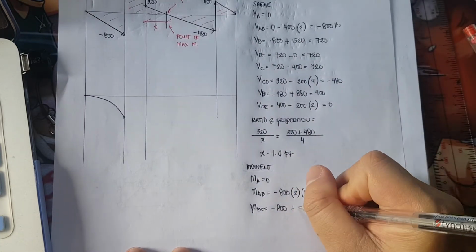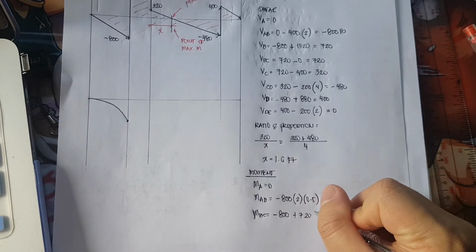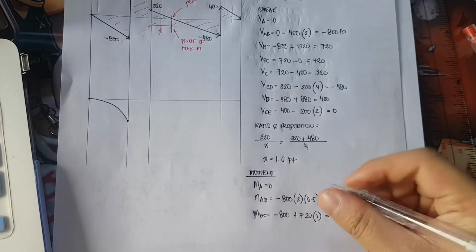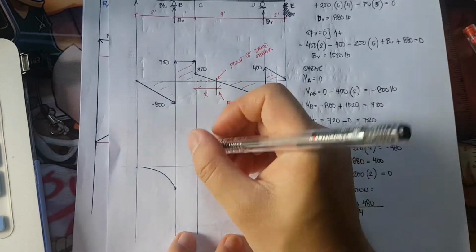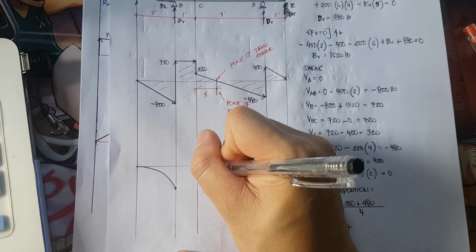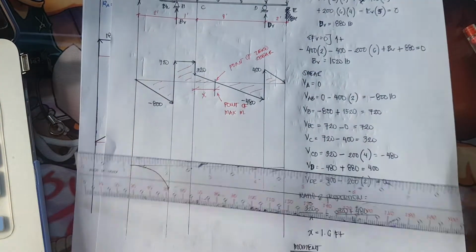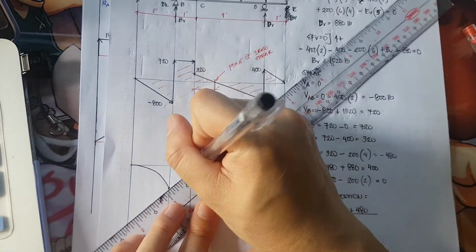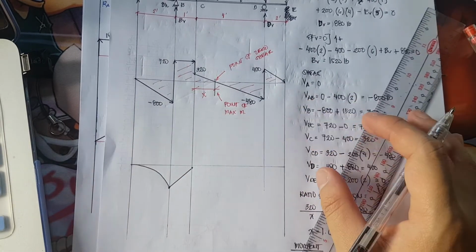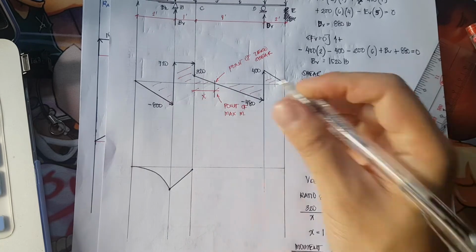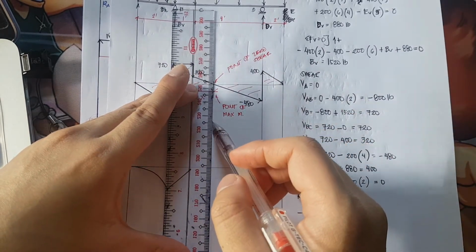So plus 720 times 1 is equivalent to negative 80. So let's say na nandito yung ating negative 80. This is 0 degree. So for our moment diagram, it would be a first degree, and that is a straight line.